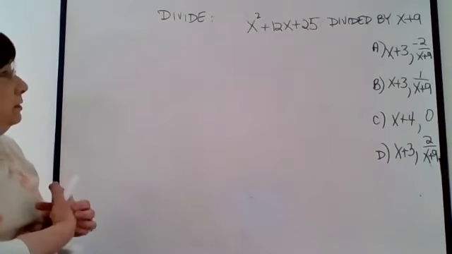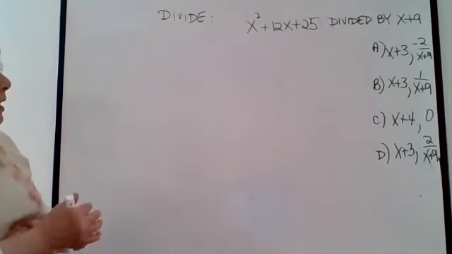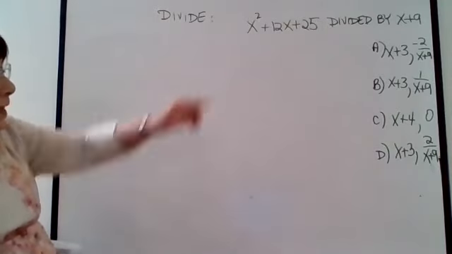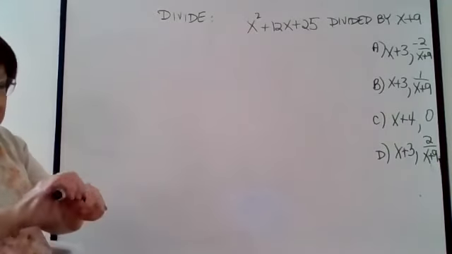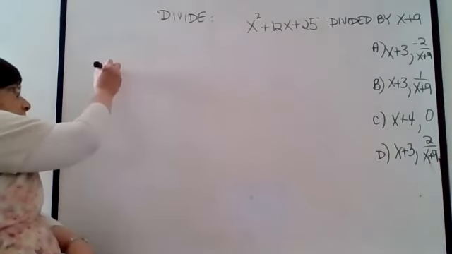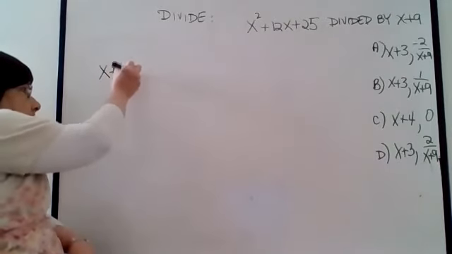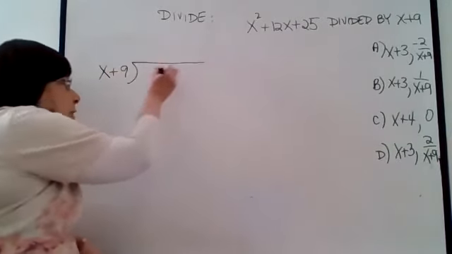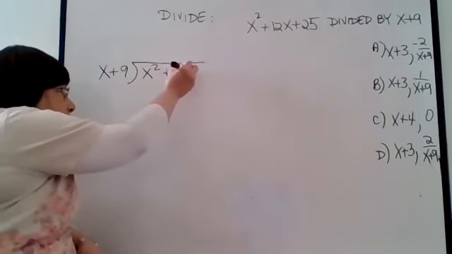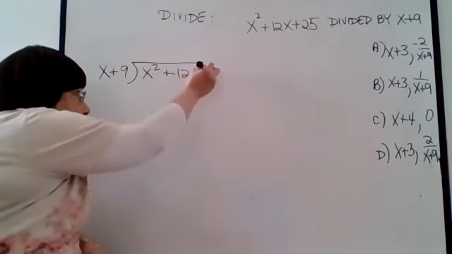Okay, I think we can get started. Since this is a trinomial being divided by a binomial, I have to set it up like a long division. I put the x plus 9 on the outside, and on the inside, I'm putting the x squared plus 12x plus 25.